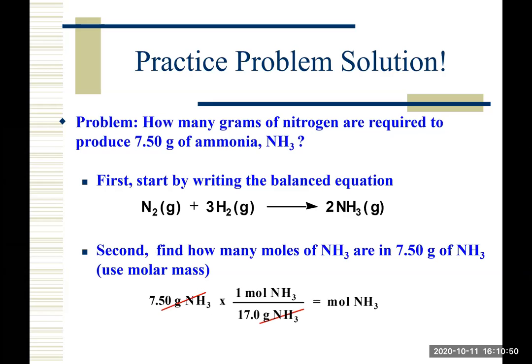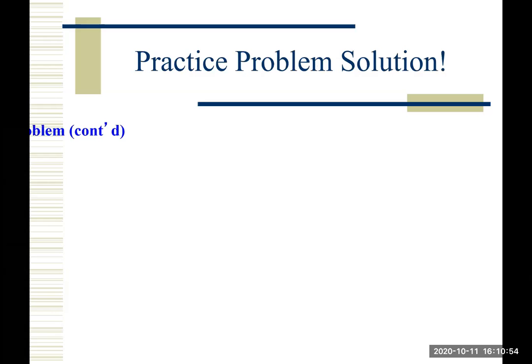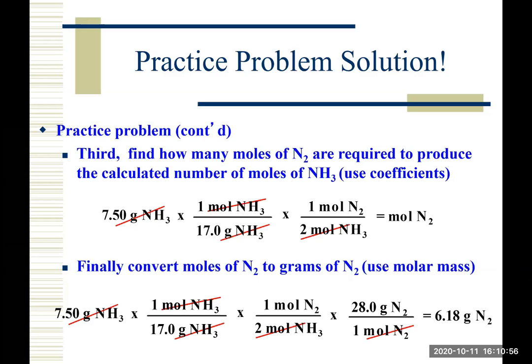Now you notice that here in the solution, the problem is being worked out step by step, but in the final answer, the entire dimensional analysis is shown to you in one calculation. It's all written out together because this is what gives you the most accurate answer. And I want to point out to you that the answer here is 6.18, where we got 6.17 grams of N2 when we worked this out.